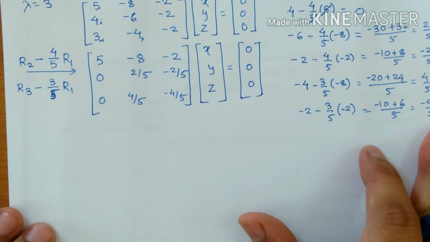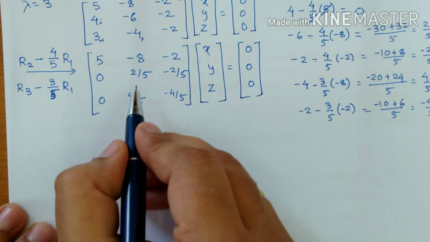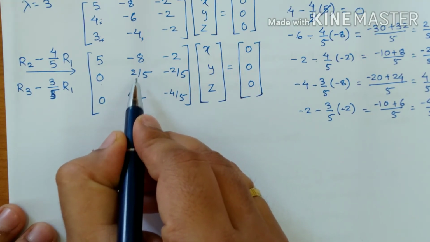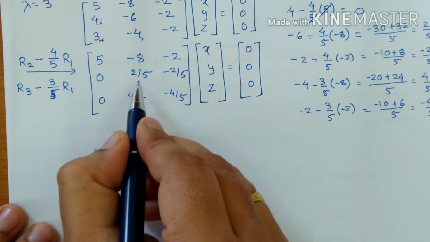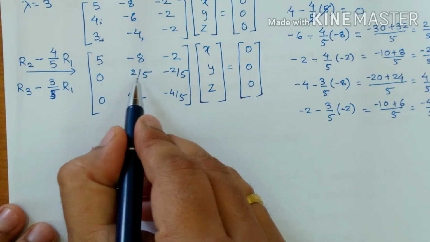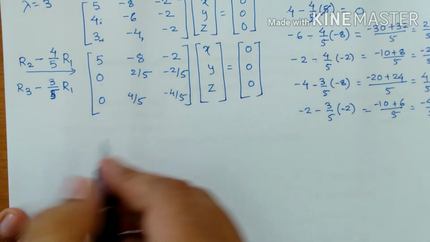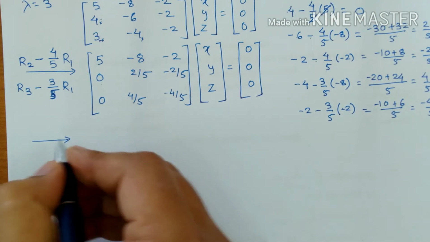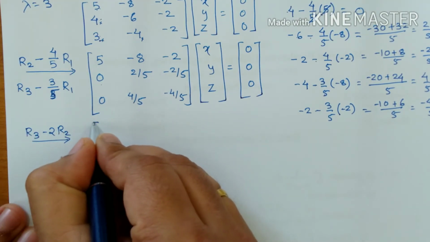Now to make this entry 0, it's very easy because I need to use the second row only. With the second row, here it is 2 by 5. If I multiply it by 2, we get a 4 by 5. So subtraction is quite easy rather than the previous. So R3 minus 2 times R2.